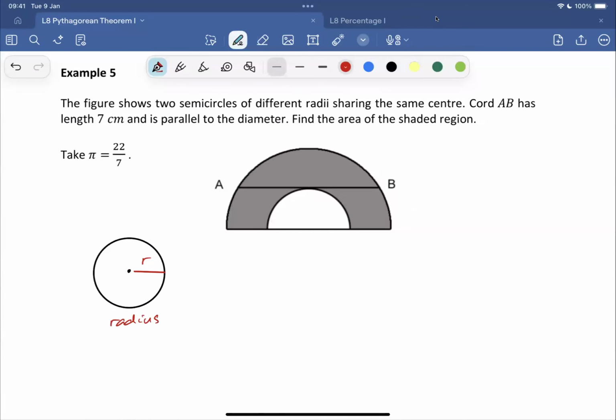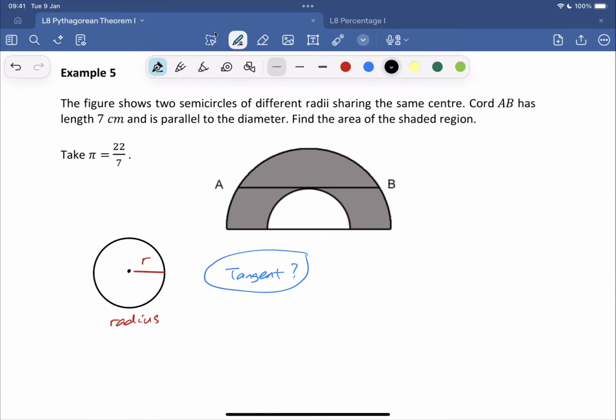And does anybody know what a tangent is? What is a tangent, students? Breven, you know, is it? Yes, Breven. A line that only touches a circle at one point. Thank you, Breven. Well done.